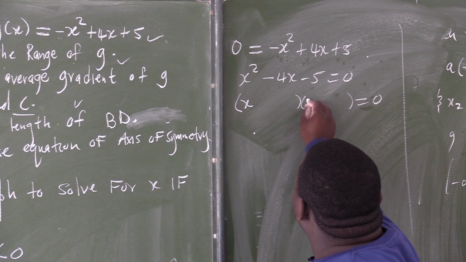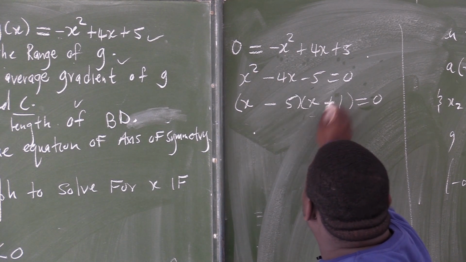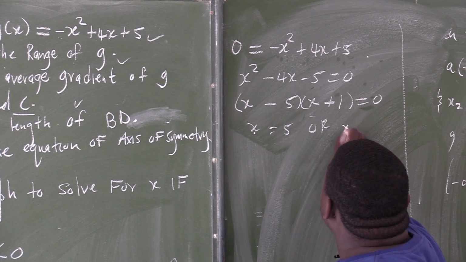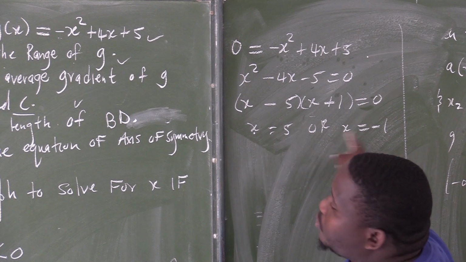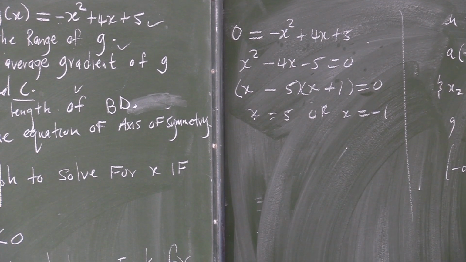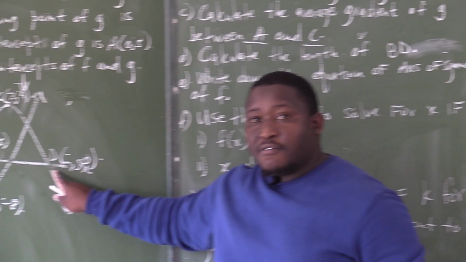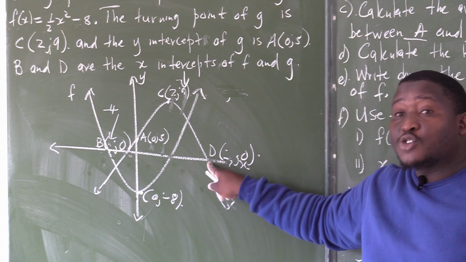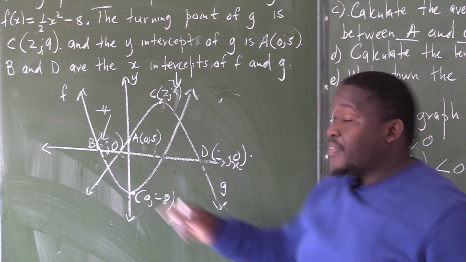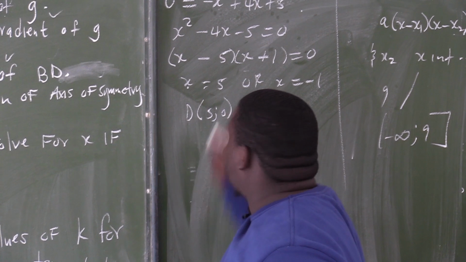This is x, this is x, this is 5, this is 1, it's minus, it's plus. It means I have x equal to 5 or x equal to negative 1. Between these two values, which one is a possibility for D? Obviously, by looking at the graph here, for D the value of x has to be positive. The one that is negative is the other one. Therefore, we are saying the coordinate of D will be 5 and 0.